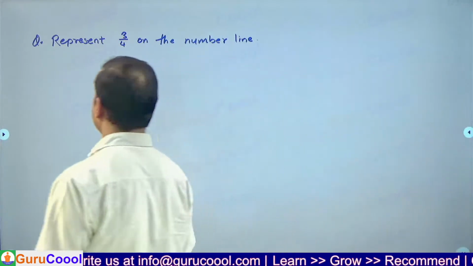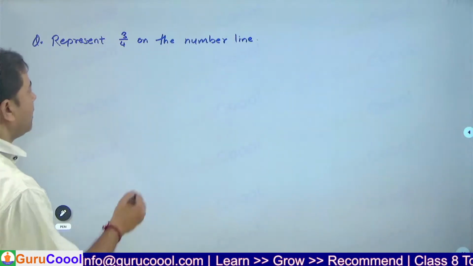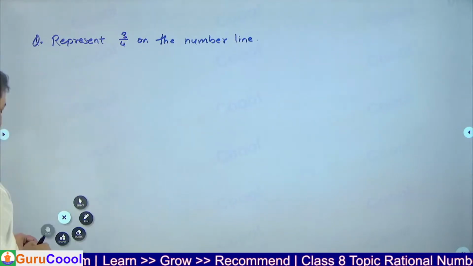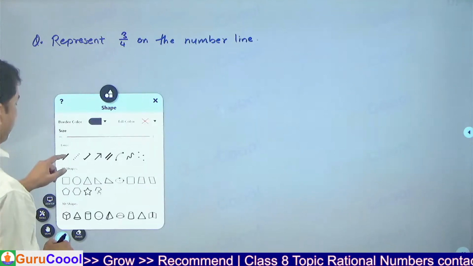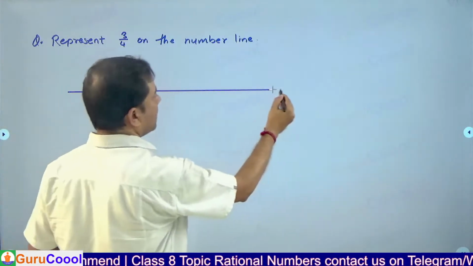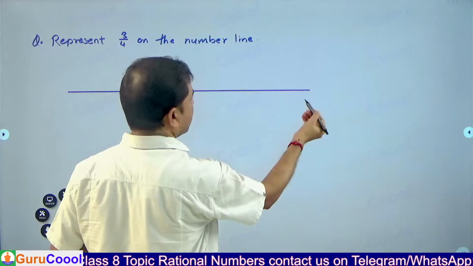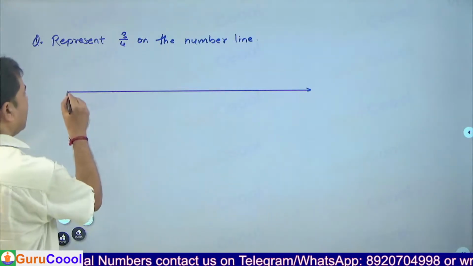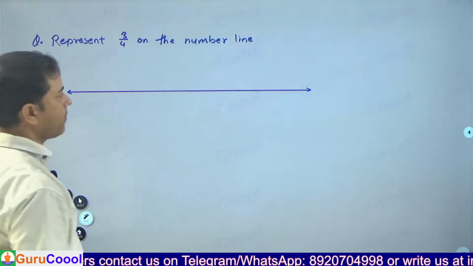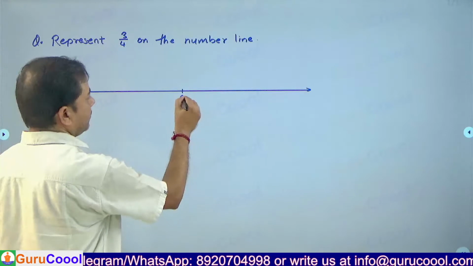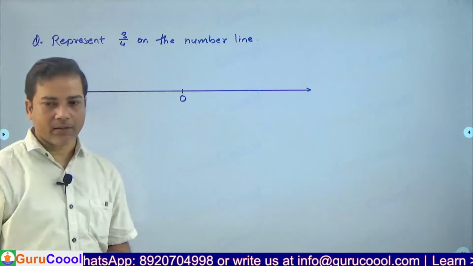What is the method? Let us first see a normal number line. How does it look? We simply draw a line having arrow marks on both sides. Take 0 somewhere. In most cases, in a general case, we take it in the middle.